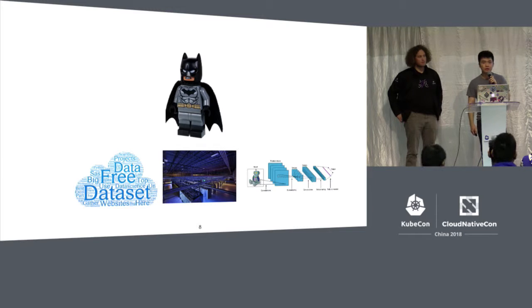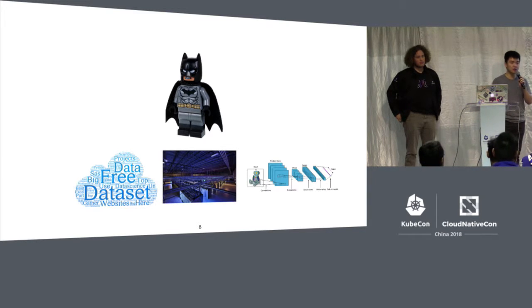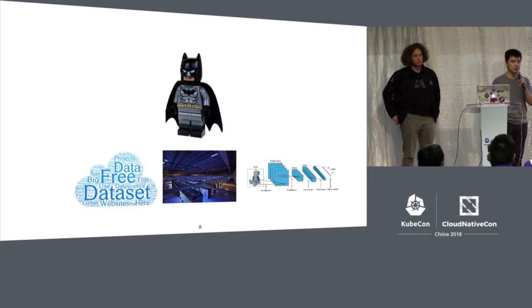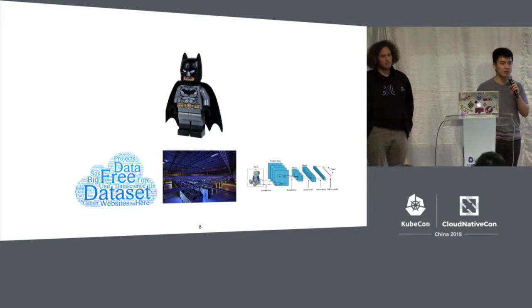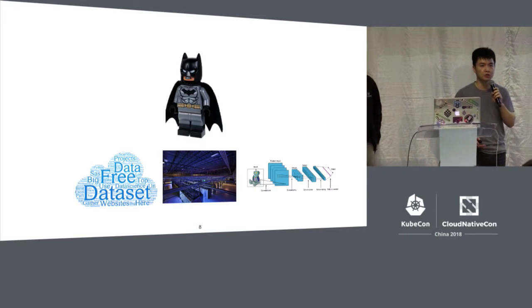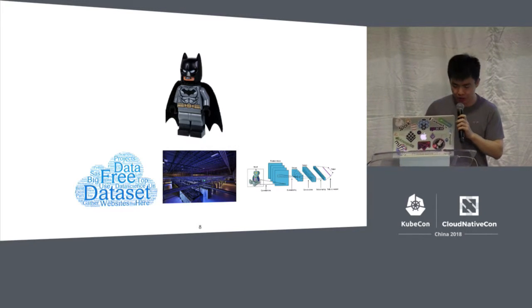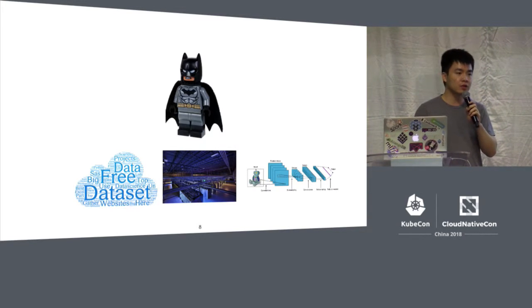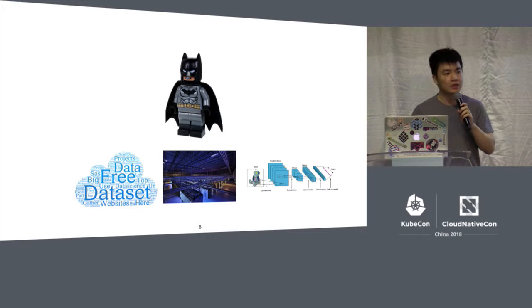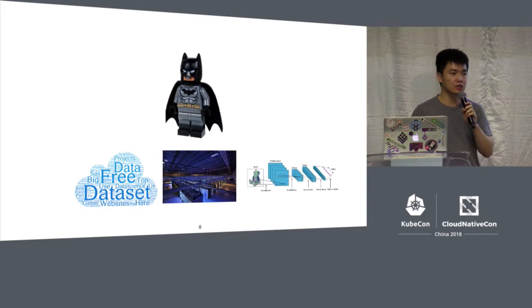It's too painful for data scientists because they should focus on algorithms and machine learning code, and given the data set, they are supposed to train the model and come up with a solution. But if they want to scale up, there are a lot more problems they need to resolve. They have to manage the cluster. They have to schedule the resources from the cluster, GPU, CPU, and memory, and they have to do the monitoring on their tasks.